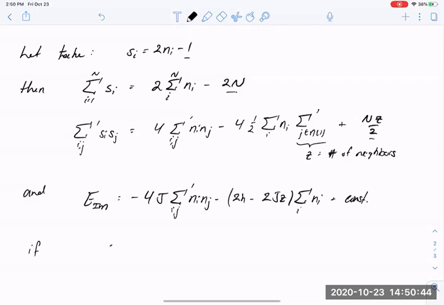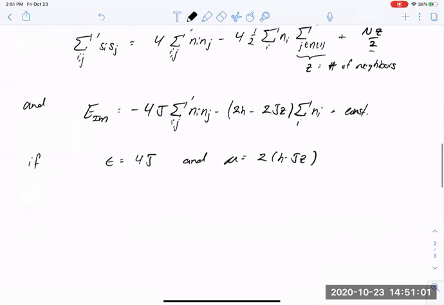So if we redefine 4J as epsilon and note that mu could be written as twice h minus Jz, then that energy function is the identical factor in the argument of the exponential in the grand canonical partition function for our lattice gas.